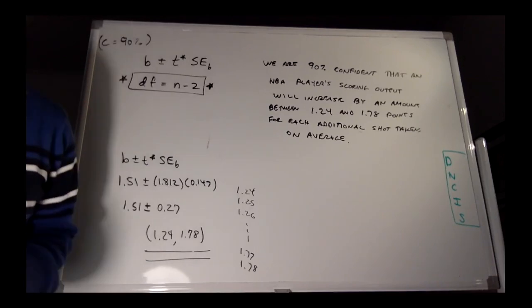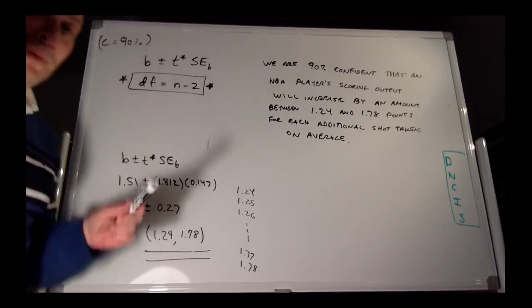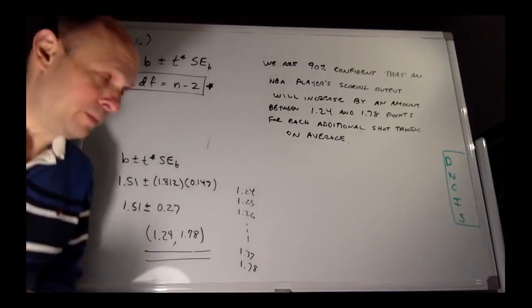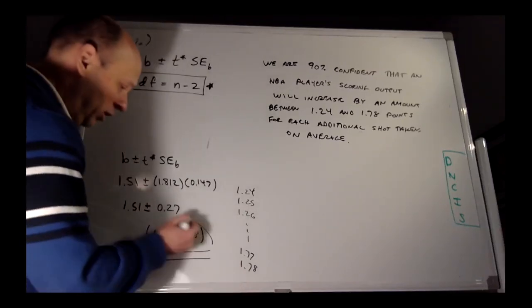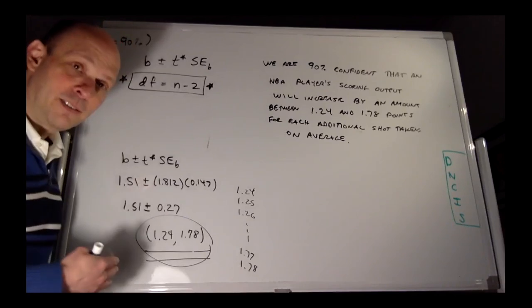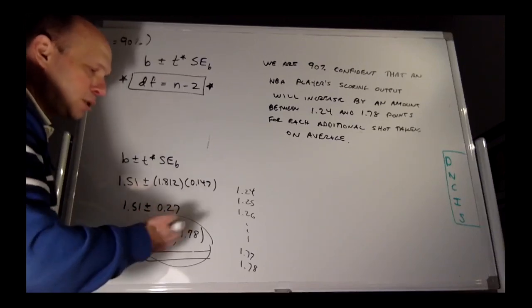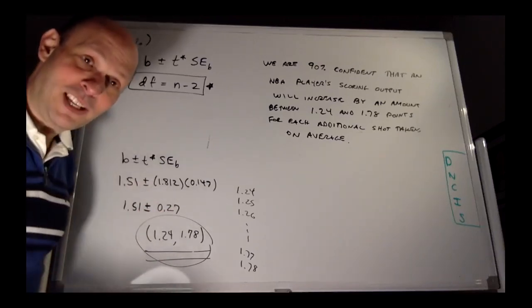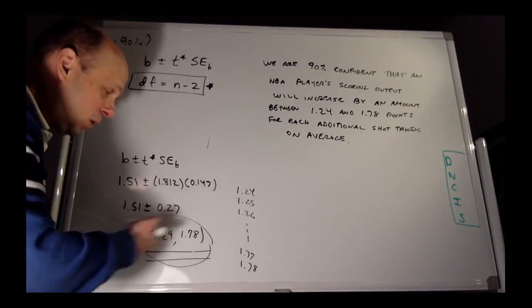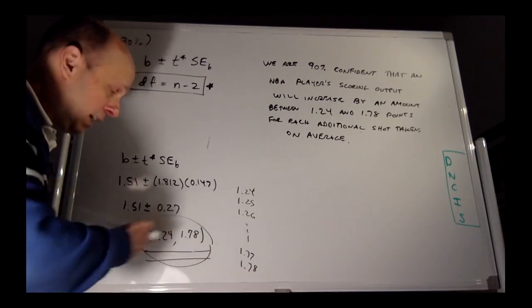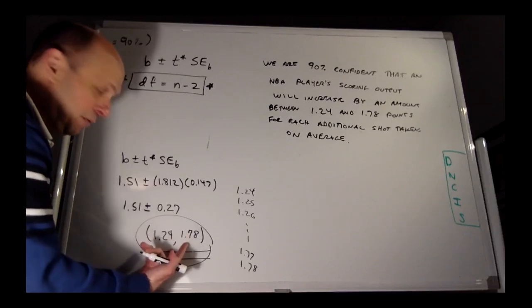Okay, so finally what I'd like to show you, actually no, before we get there, this is important too. Notice in our interval, we don't have the number 0 in there. And that's important because what we're saying is, yeah, we're pretty sure that there's a positive association here, because we don't have 0 as a potential value in this confidence interval.